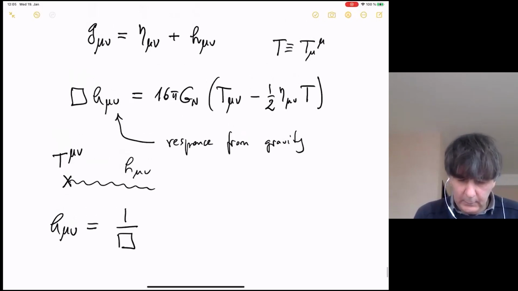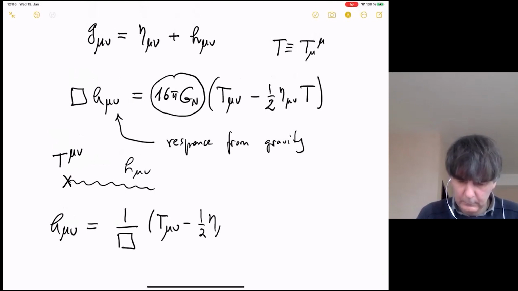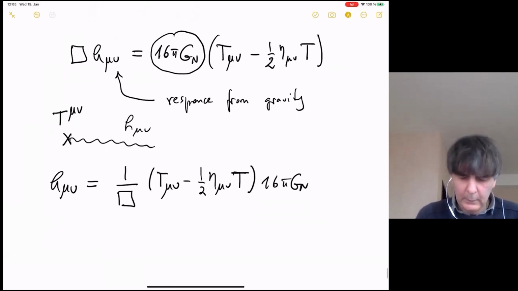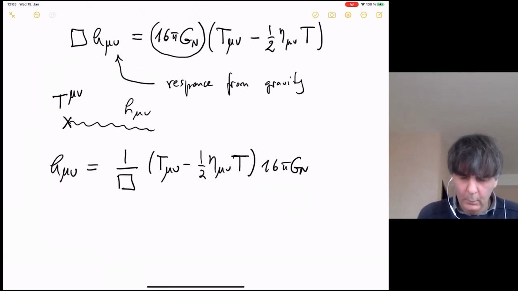So let me put that in. Okay, so this is the response, and the meaning of 1 over box is that it's a Green's function, right?